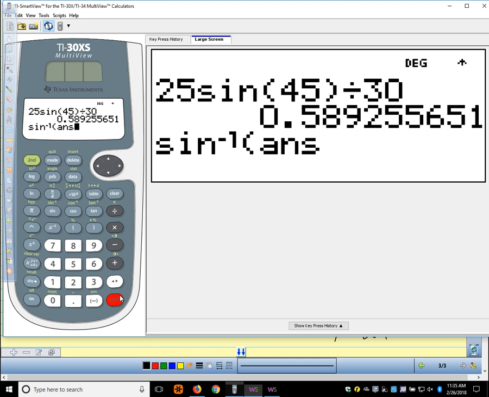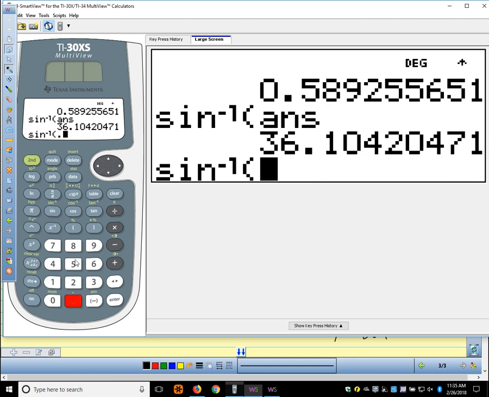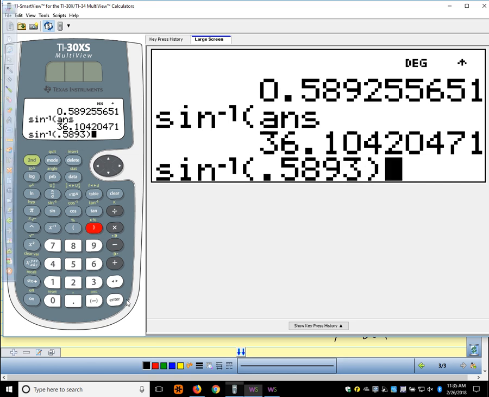Or when you see the 0.5892 on your screen, I could do the inverse sine of 0.589. I would round this up to 3, and I want to do 4 decimal places, and hit enter, and I get 36.1. But notice how when I rounded this one off here, my numbers start to change a little bit.